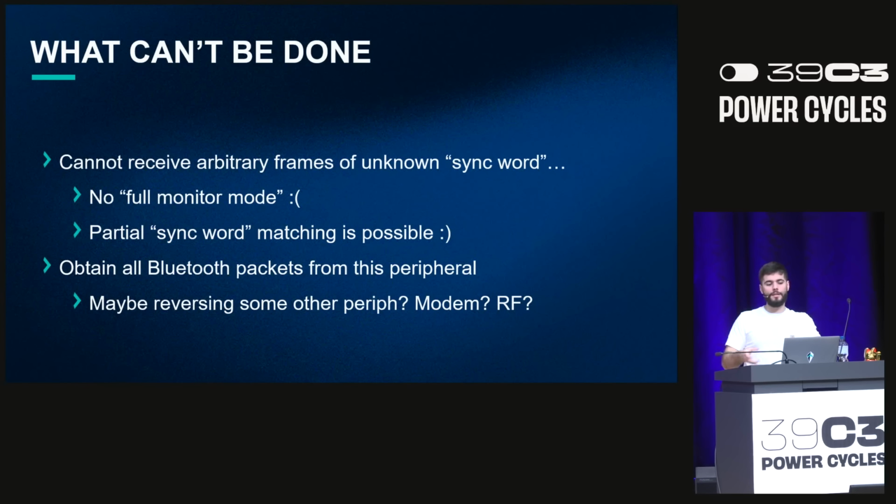So we cannot build a full monitor mode with our ESP device. And I am not sure that we can obtain all Bluetooth packets from this peripheral. There may be some packets that are handled internally and not even sent up to the user.